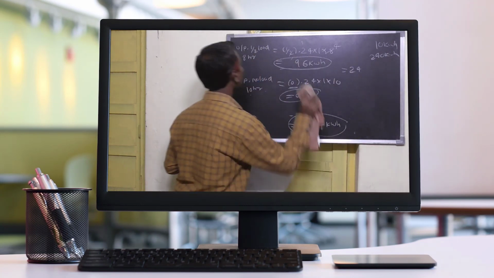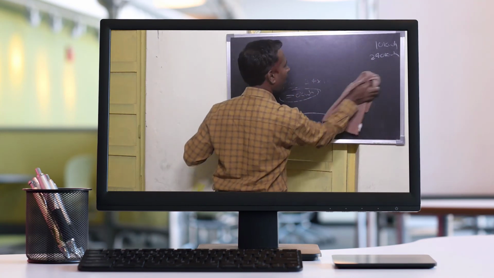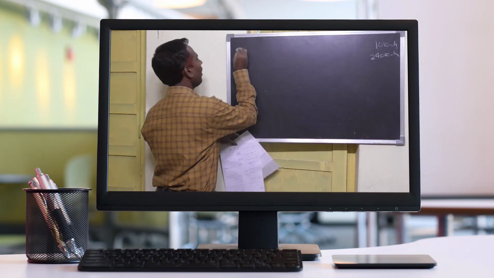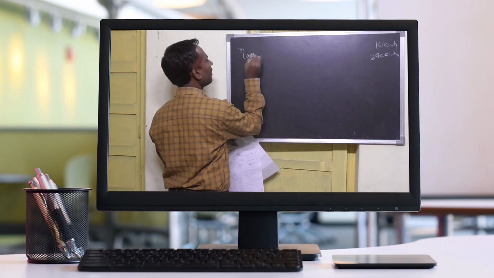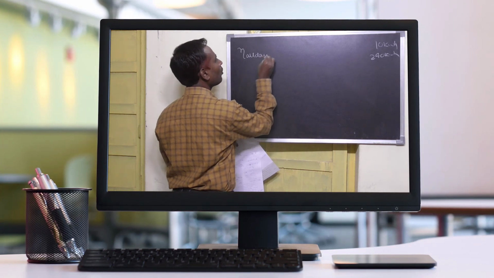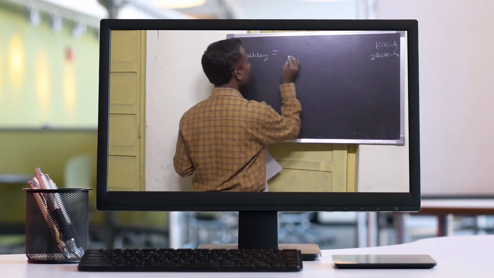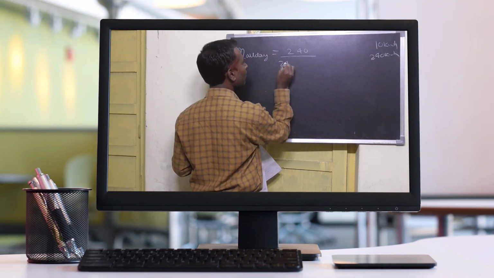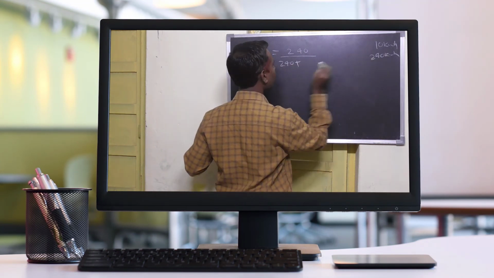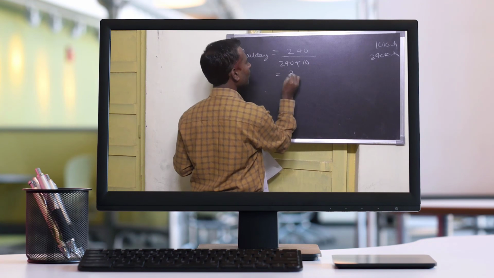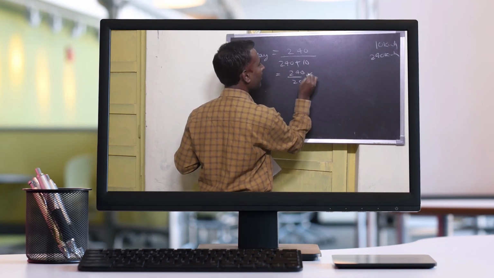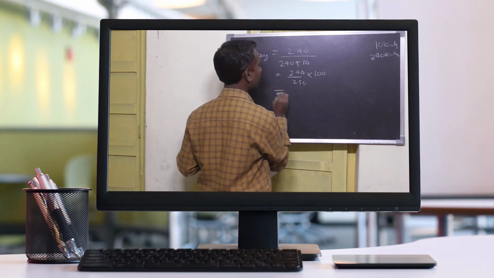Now I will find all day efficiency. Output in 24 hour is 240, divided by output in 24 hour 240 plus losses 10. That is 240 divided by 250, multiplied by 100 for percentage.